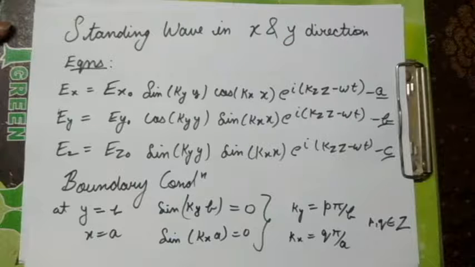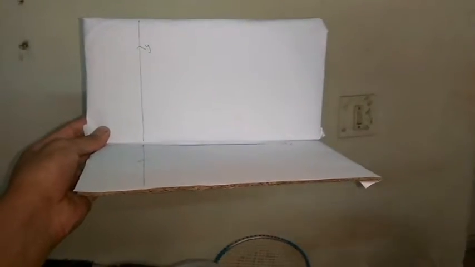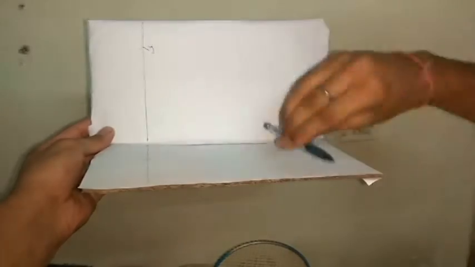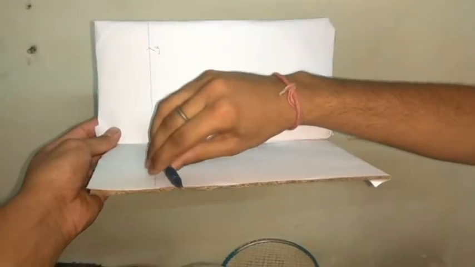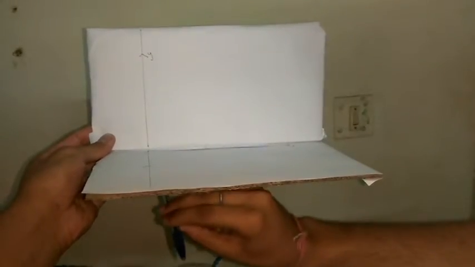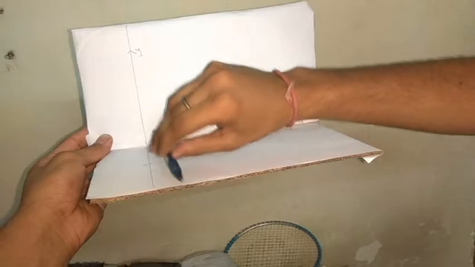Let's find out the values of kx and ky, which can be found by applying boundary conditions at x equal to a and y equal to b. Let's consider first Ex. Ex is parallel to the xz plane. By boundary condition, E1 parallel should be equal to E2 parallel. E2 parallel is known to be 0, hence E1 parallel is equal to 0.